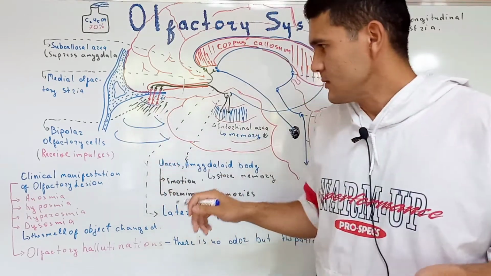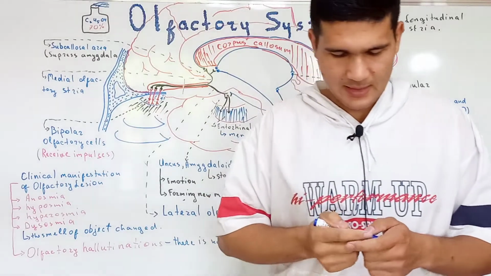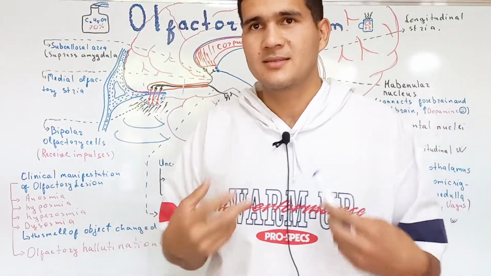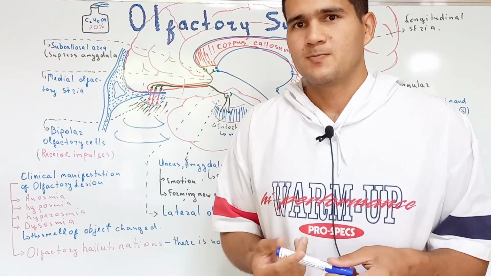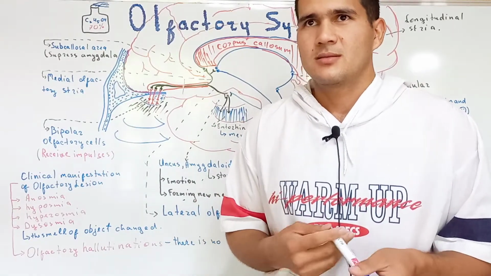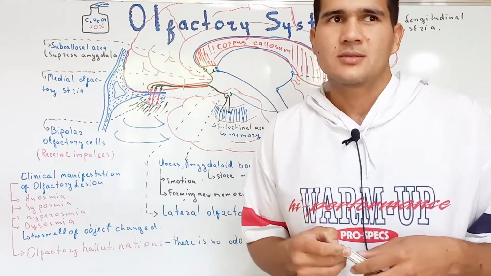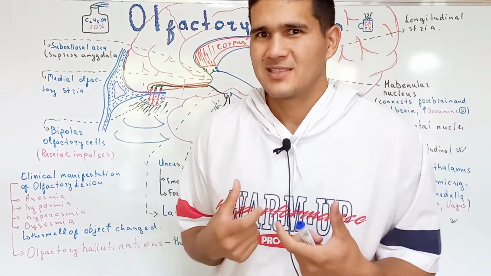Okay. Next symptom is hyposmia. Hyposmia means decreasing the level of sensing olfactory stimuli. The patient can say that I have some difficulty in analyzing the acuity of the smell or odor.